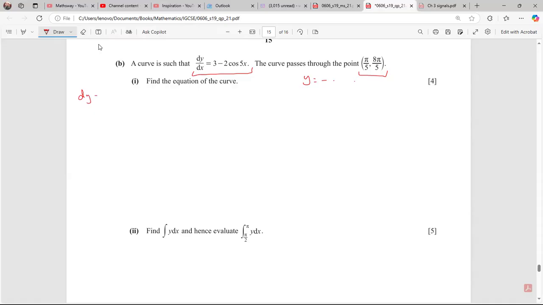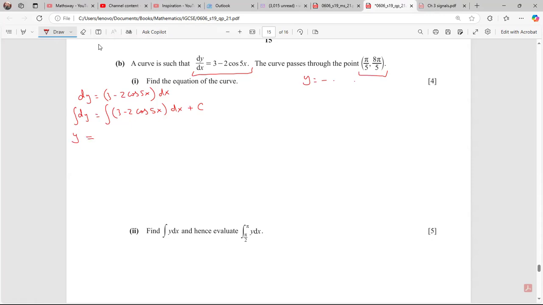dy is equal to 3 minus 2 cos 5x into dx, right? Now I will integrate both sides. So the integral of dy equals the integral of 3 minus 2 times cos 5x into dx, and since I'm integrating, I will have a constant of integration as well. On the left side, I will have y only.